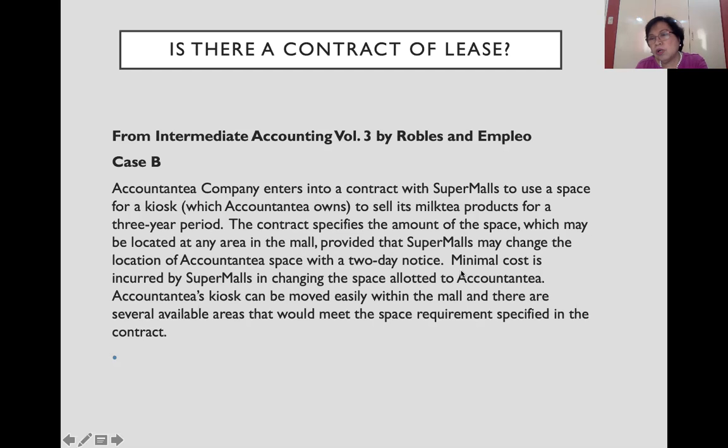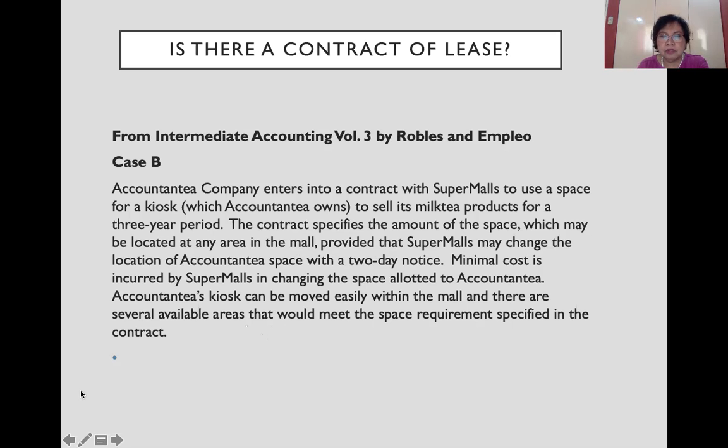Then supermall is expected to incur minimal cost in changing the space. Therefore, it is expected that the supplier can economically benefit from substituting the space that will be provided to accountant T. And therefore, because of this, there is no identified asset, and therefore, this is not a contract of lease.